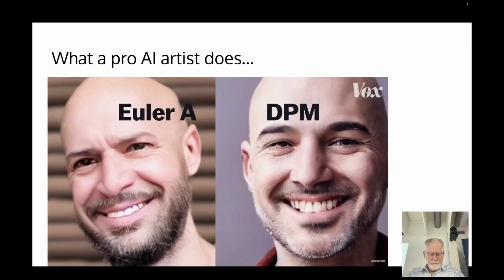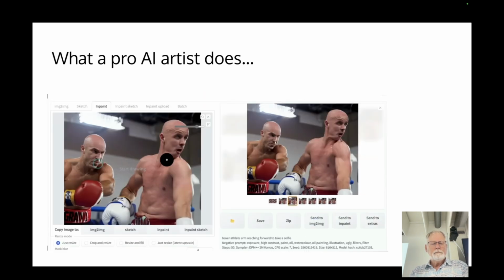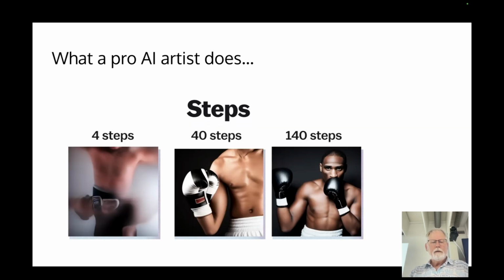But DPM, for example, is working great on that. There are many parameters that are extremely important. One is steps. Steps is how many times you're telling Stable Diffusion to work on your prompt.